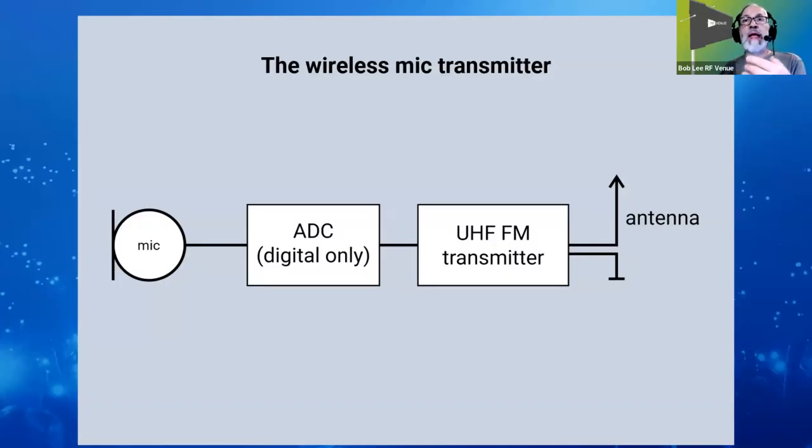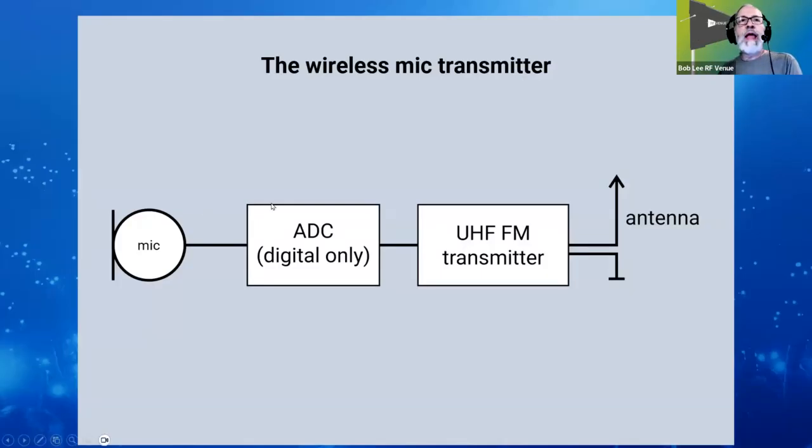So even with a wireless mic, it still starts with a mic element. We're not going to go into the different types of mic elements, because there's dynamic as well as condenser, electret condenser elements, and different patterns. We'll just leave it at it's a mic element. It converts sound into an electrical signal.